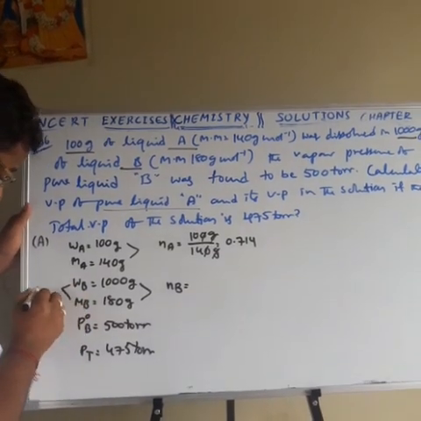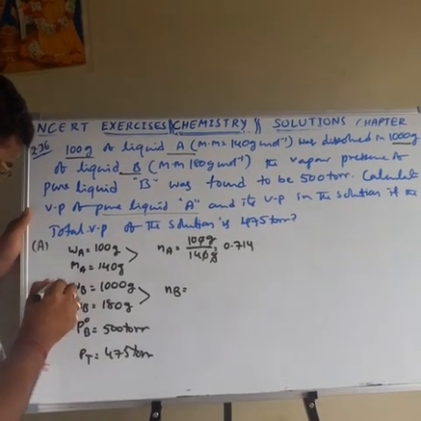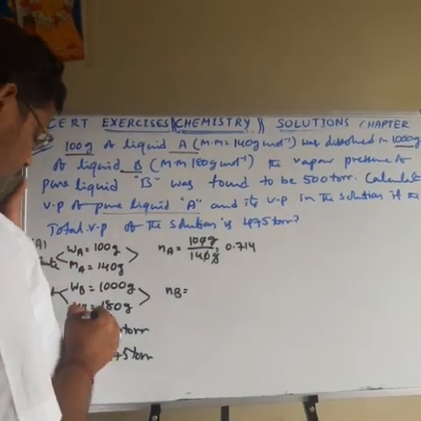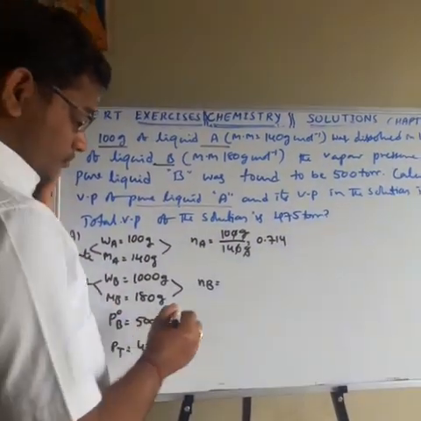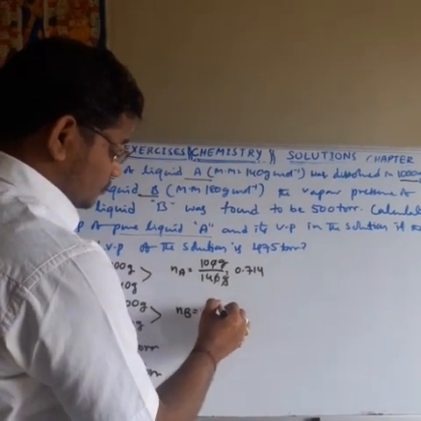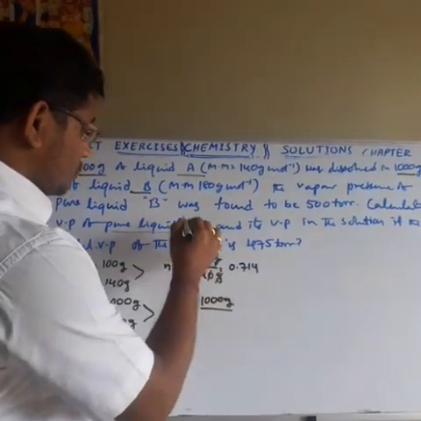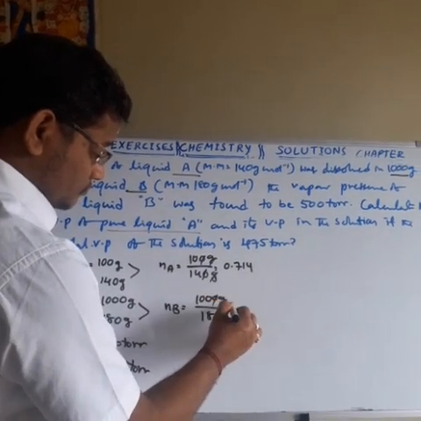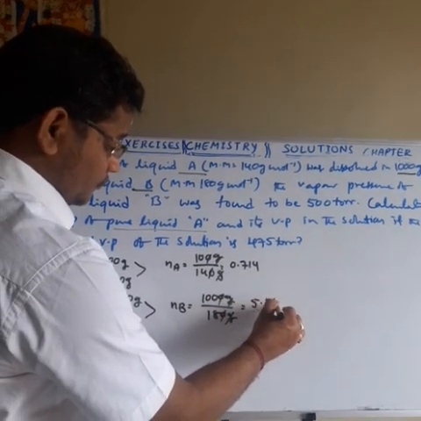This is solvent, this is solute. Remember the point: B is 1000 grams divided by its molar mass 180 gram, equal to 5.505.